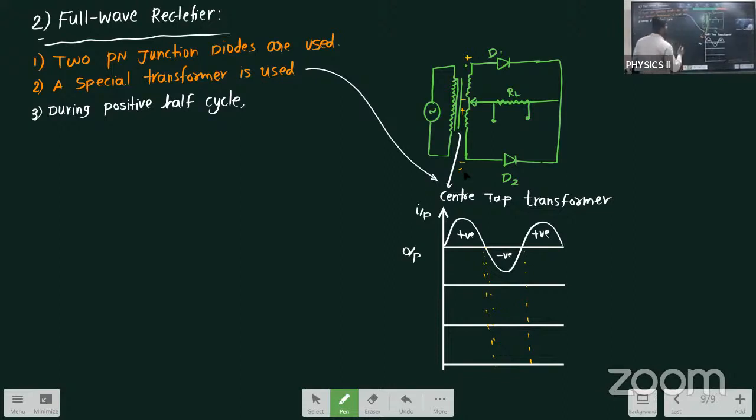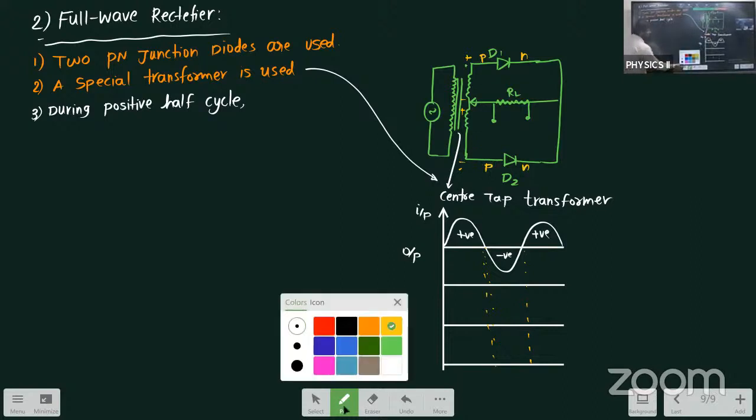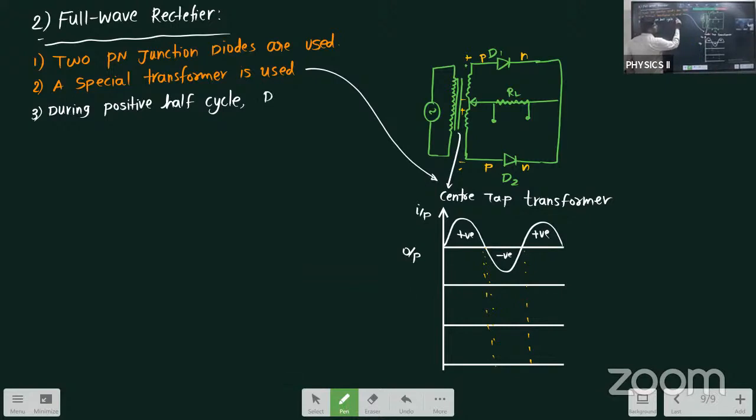See here, what will happen? This is positive and we know that this has the P side and this is the N side. So P is connected to the positive terminal. Here the P is connected to the negative terminal. So during positive half cycle, what is happening here? During positive half cycle, diode D1 is in which bias?